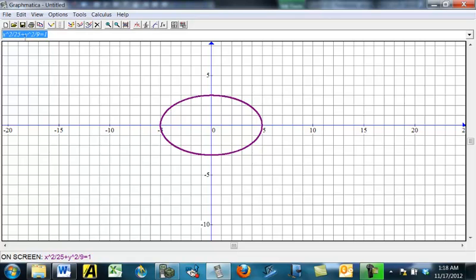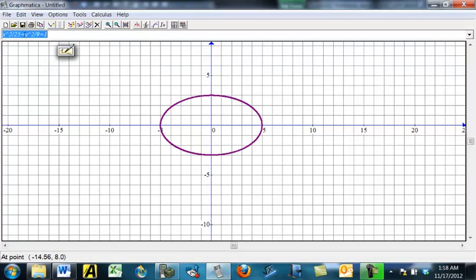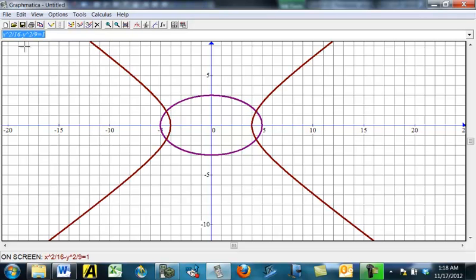That is an ellipse. And if we take this other one, x squared over 16 minus y squared over 9 equals 1. This is a different hyperbola, and we see that we get 4 places of intersection. So we could graph these on our calculator.